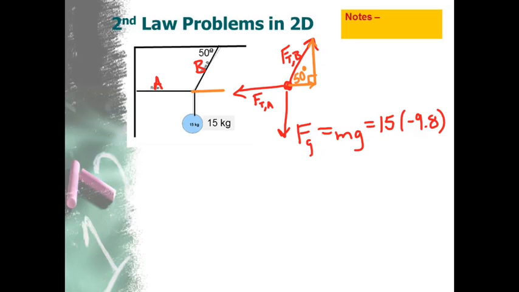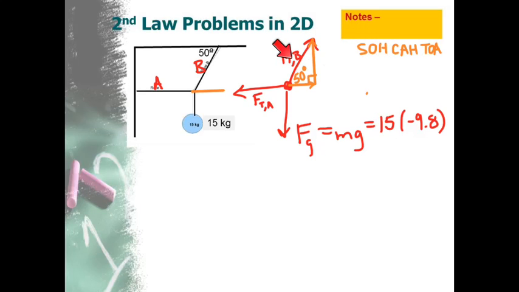Okay. Now I'm ready to use some Sohcahtoa. I know what the hypotenuse is. If I want to figure out the opposite, then which of these trig functions do I need to use? Well, sine is equal to opposite over hypotenuse.